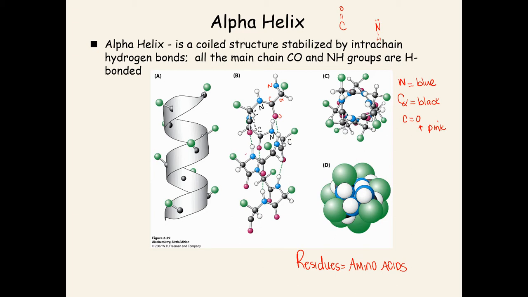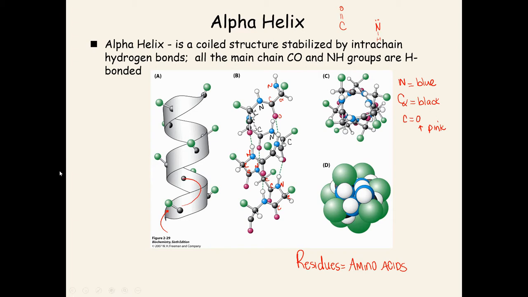So here's N, C, C double bond O, N, C, C double bond O, N, C, C double bond O. And then what you'll also notice, if you look carefully at the structure, every 3.6 R groups, it has that curve to it. The curve is said to be right-handed. So if you hold out your right hand and thumb and you point it, you'll see that it points this direction. So it curves like that.